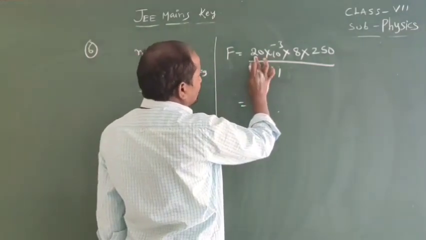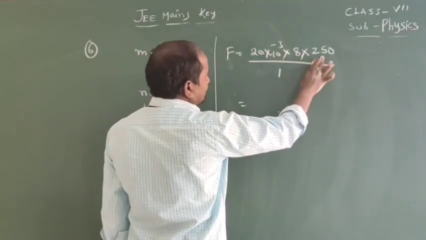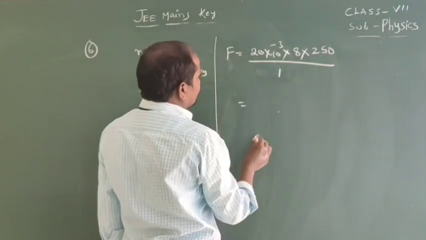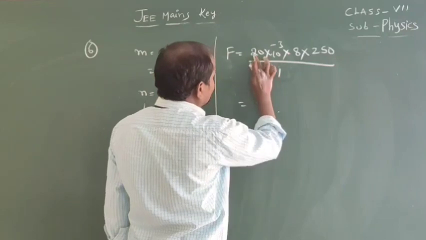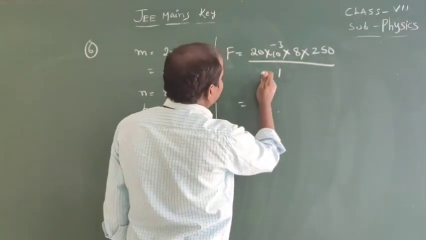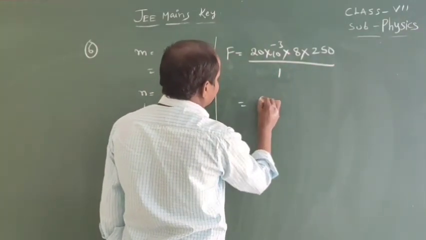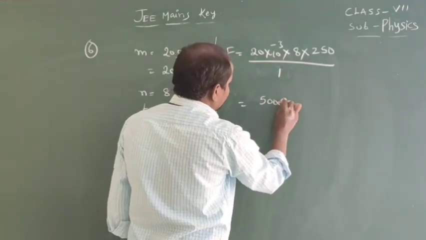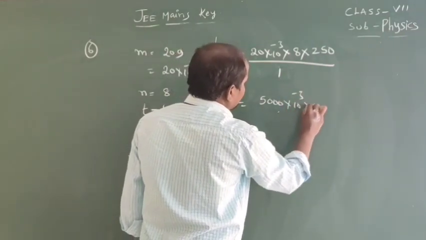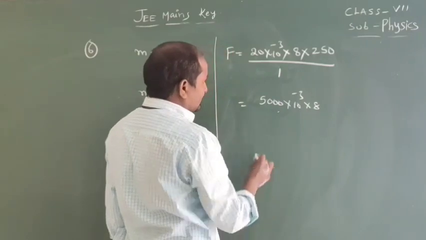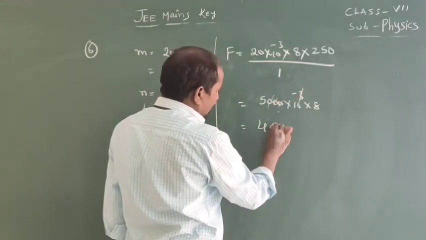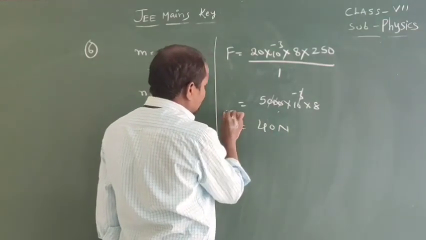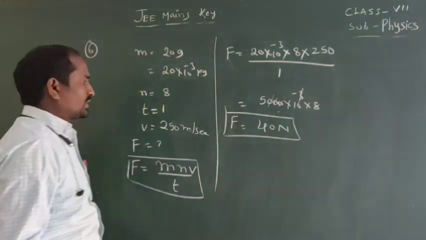So 20 into 10 power minus 3 into 250. We can write 2 into 25 is 50, here 5000. 5000 into 10 power minus 3 into 8. The 3 zeros cancel, that equals 40 newtons. So force equals 40 newtons.